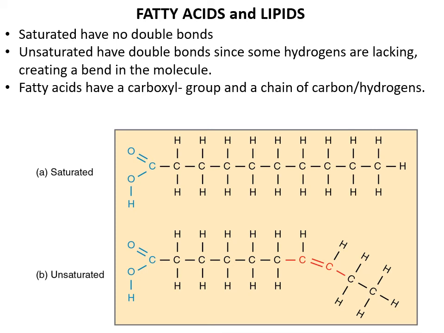So you can see in the top there, that is a fully saturated fatty acid. Okay, unsaturated means that there's double bonds, so there's some hydrogens missing. Because as long as you have 4 bonds around a carbon molecule, it's complete in terms of its electrons.